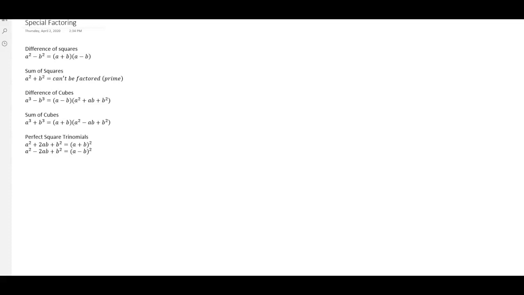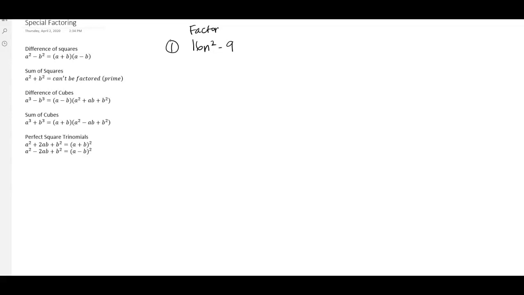So the first one I want to look at is number 1 on the special cases side of the worksheet, and it wants us to factor 16n squared minus 9.